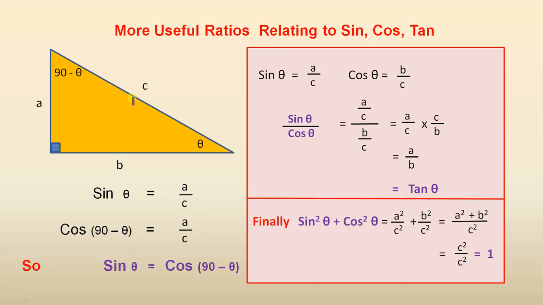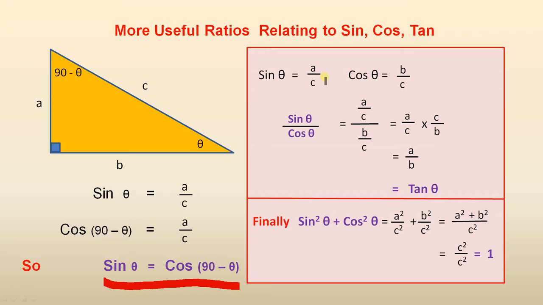That's quite easy to see. The cos of 90 minus theta, which is the cos of this angle here, is adjacent over hypotenuse, which is also A over C. So we can see that the sine of theta is the cos of 90 minus theta. That means that the sine of an angle is the cos of its complement. For example, the sine of 30 is the cos of 60, etc.